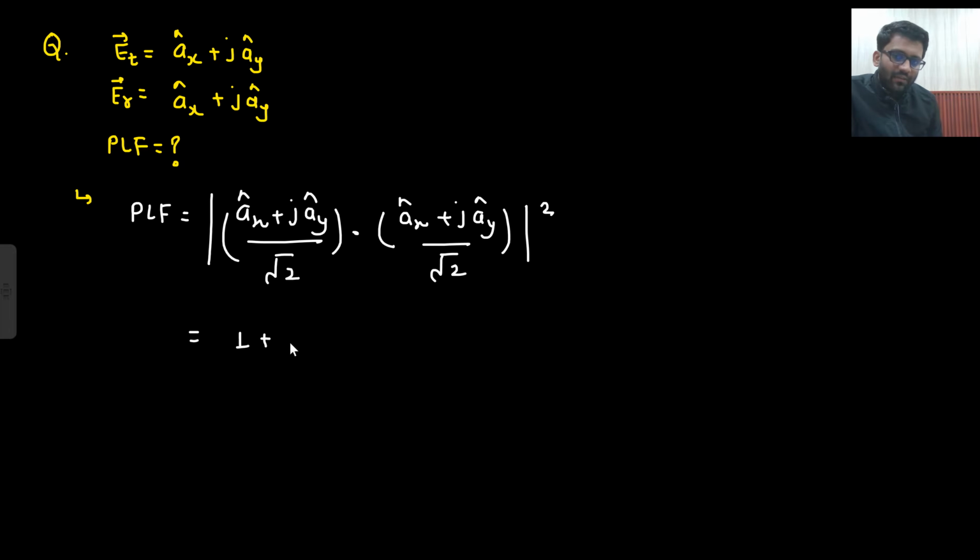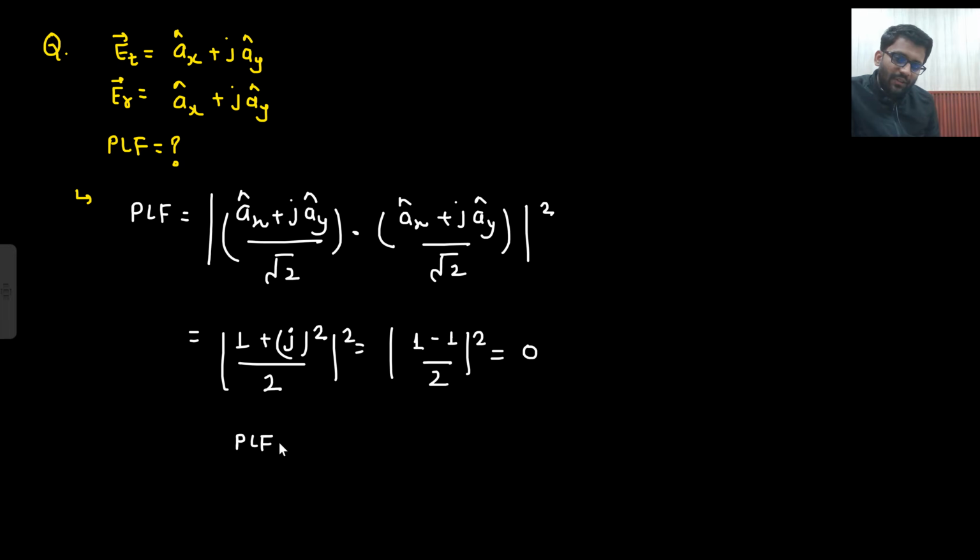Jy dot jy will be j square, right? J into j will be j square. Ay dot ay will be 1, divided by under root 2 into 2, 2 whole square. 1 is 1. What is j square? Minus 1, divided by 2. So what is polarization loss factor? 0. That means what we are getting?